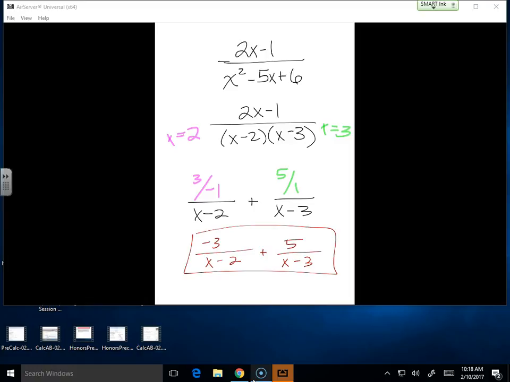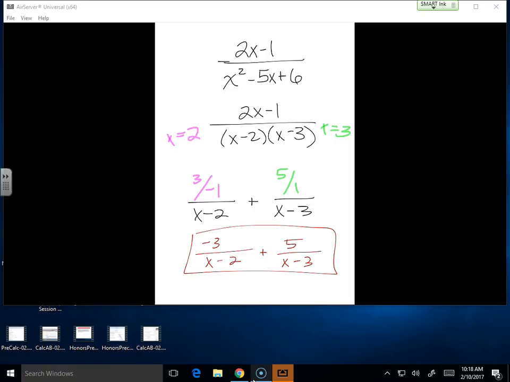You guys saw my shading, right? When you plug into 2, you better not be plugging into him. If you did try to plug into him, you get something over 0. It's bad news. So you ignore where the 2 is to get the -3 or the 3 over -1. And then when you plug into 3, you have to ignore the other factor. Plug in to get 5 over 1 in order to solve.